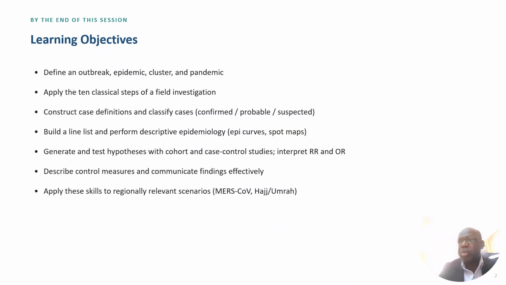You should also perform descriptive epidemiology, as we have said, representing your data by time, place, and person with an epidemic curve and spot map, and generate a test hypothesis. This is the first step that comes from the descriptive analysis, which reflects the magnitude of the outbreak. You should be able to describe control measures and communicate findings effectively to the public, including policy development, and communicate with the three priorities highlighted before.